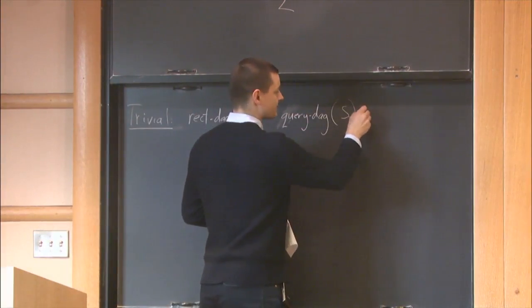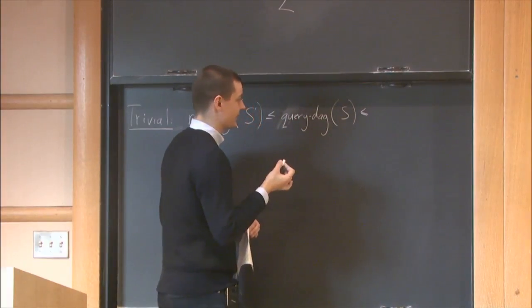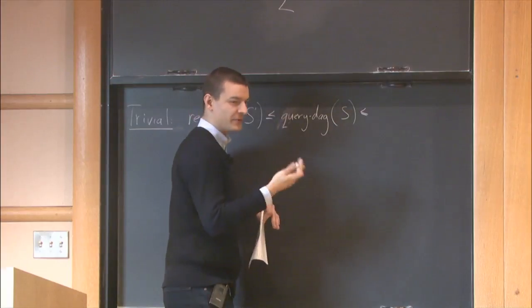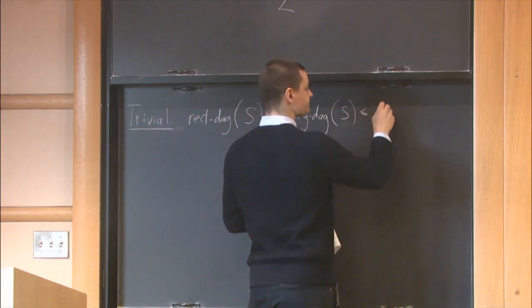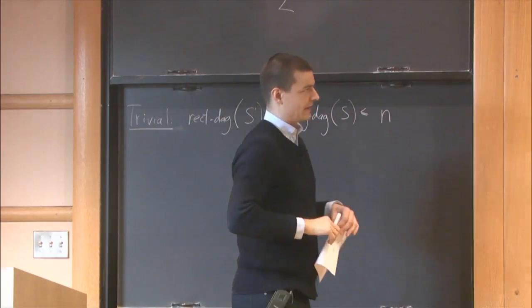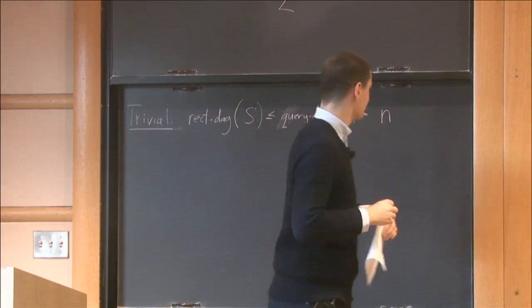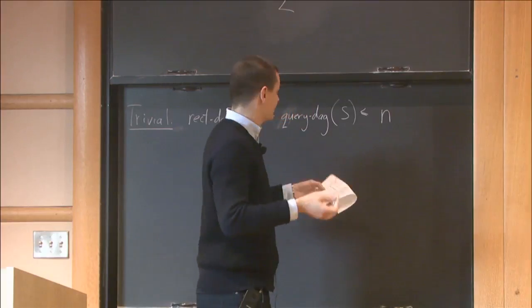I also mention an important parameter here, the width of a query DAG, or the width of a resolution proof. If I have a resolution proof where the number of literals in the clauses is bounded by something, then it immediately gives a bound on the size as well.